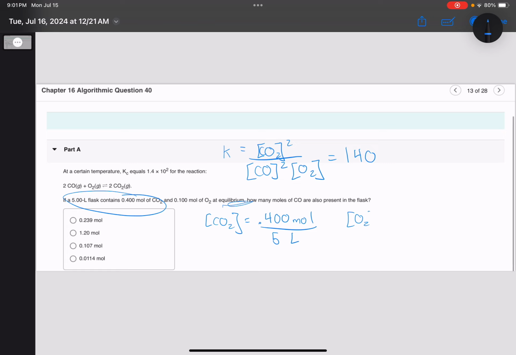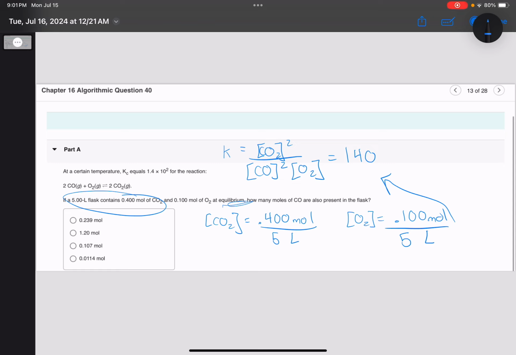The O2 is 0.1 moles per 5 liters. So we need to just convert those to molarity, plug them into the K expression up here, and then solve for the, let's see, what is it?